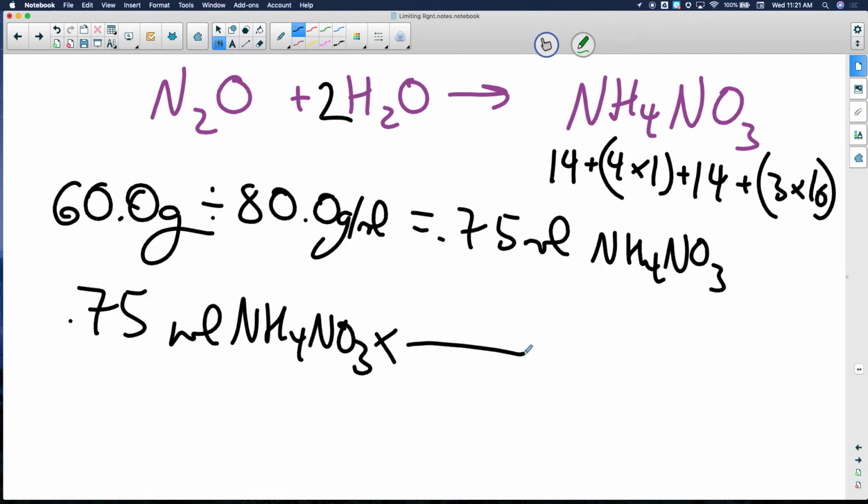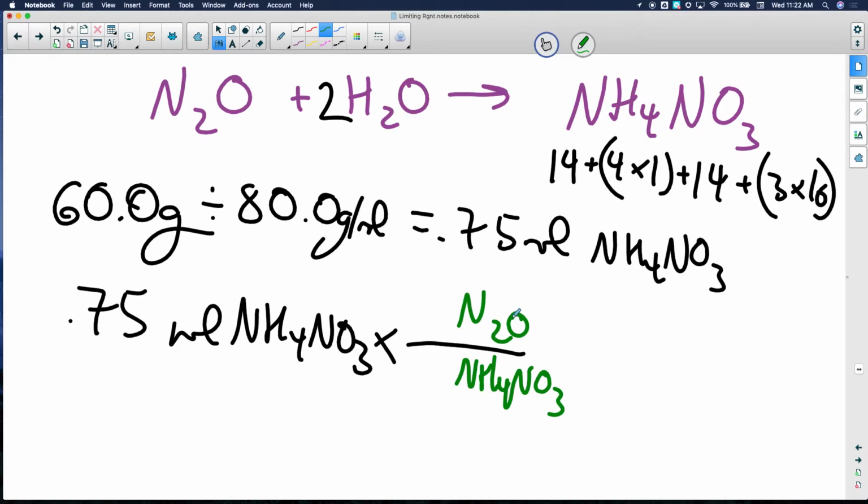Carly, what chemical am I going to put in the denominator? Ammonium nitrate, NH4NO3. What chemical am I going to put in the numerator, Carly? Dinitrogen monoxide, N2O. Carlos, what's the coefficient on N2O?